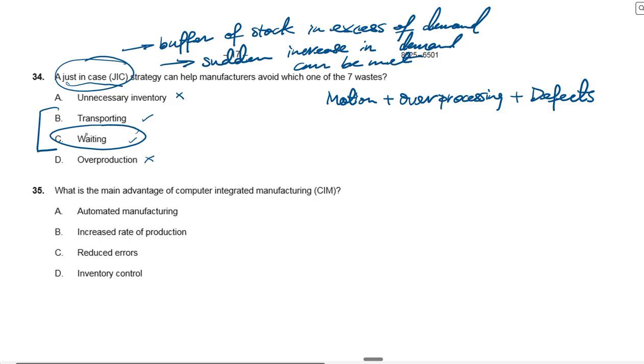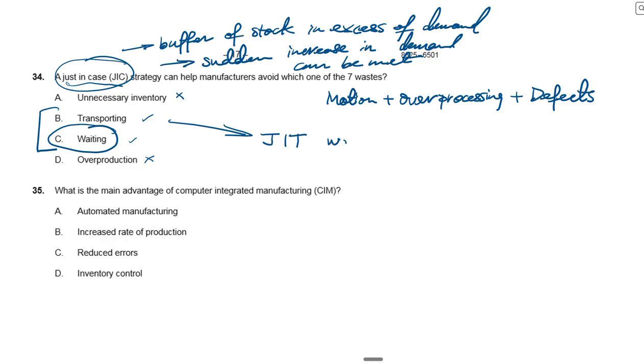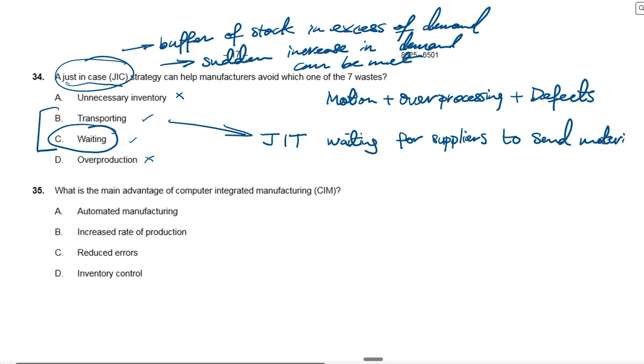And the only reason we would be saying transport is if we were arguing from the idea of JIT. So JIT means we are waiting for suppliers to send materials, right? And we only do that when an order has been placed.